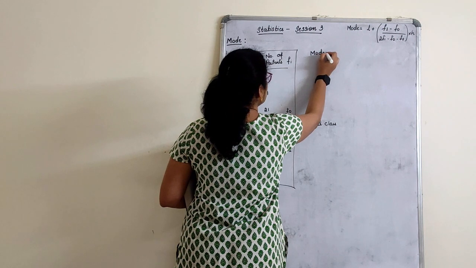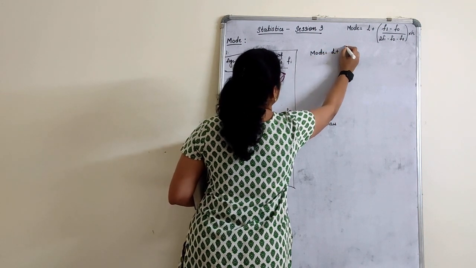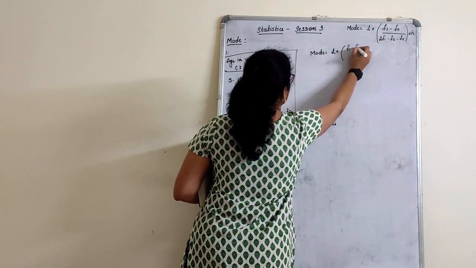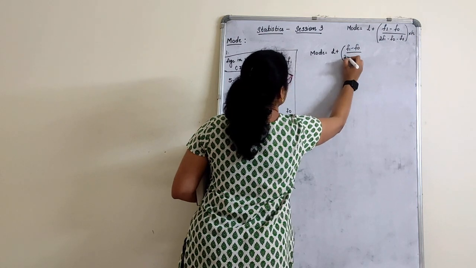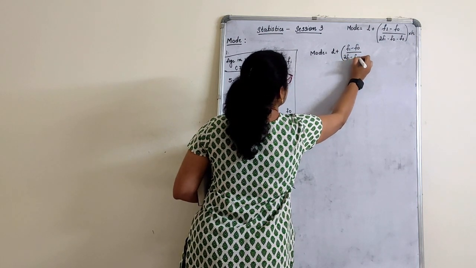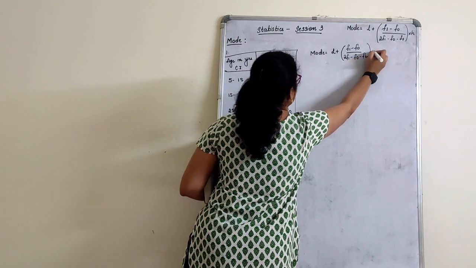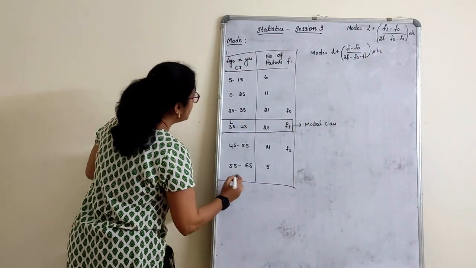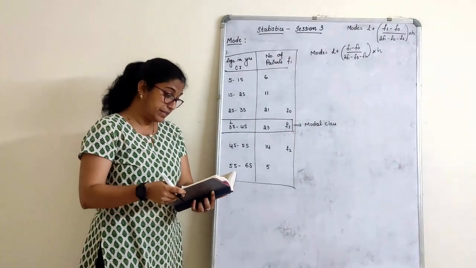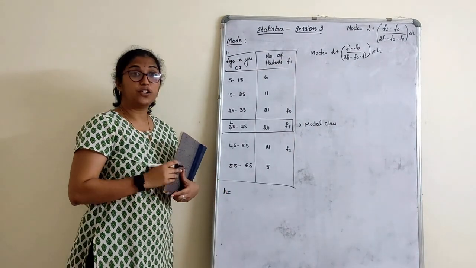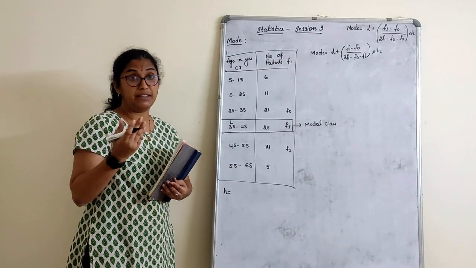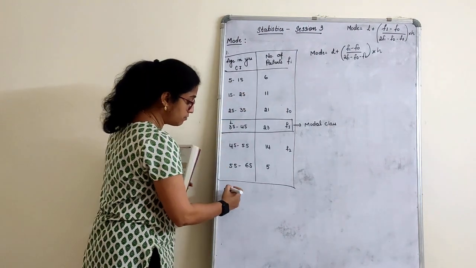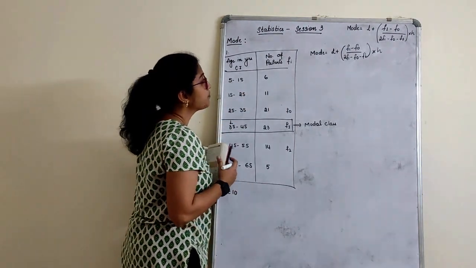Mode is equal to L plus F1 minus F0 over 2F1 minus F0 minus F2, into h. The size of the class interval is 5 to 15. What do you have here? 5 to 15, how many will come when you count? 11. But 15 is repeated, so we consider that as 10.